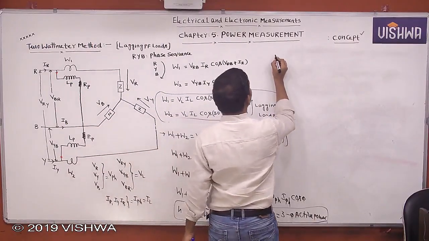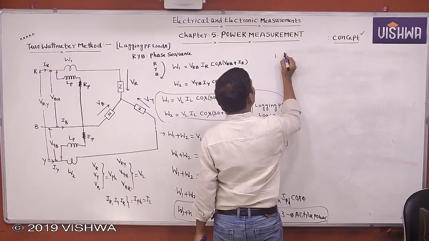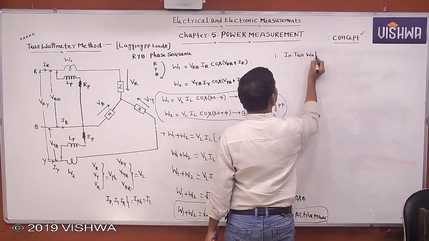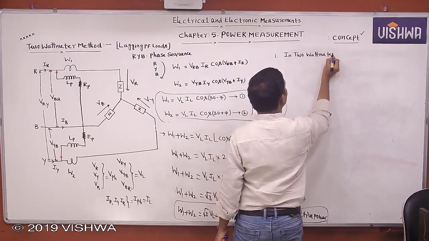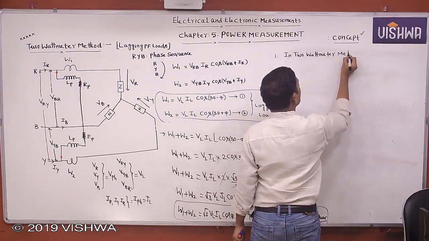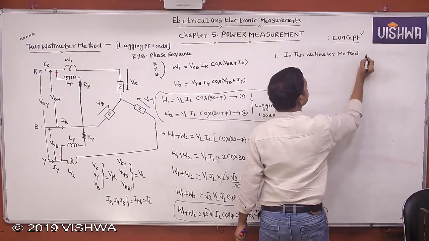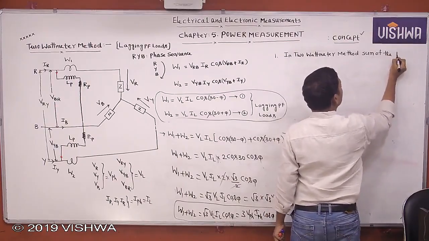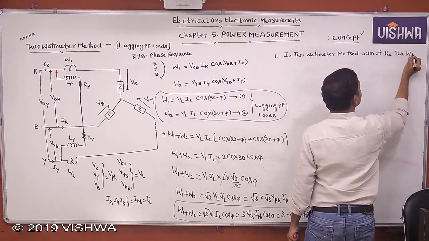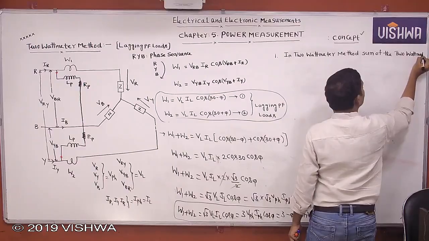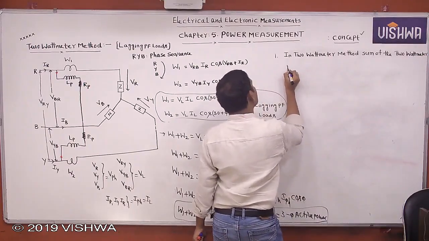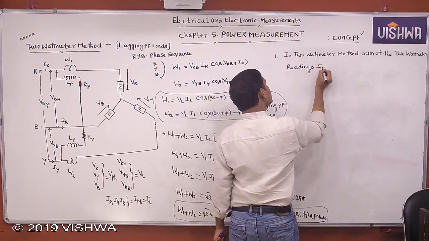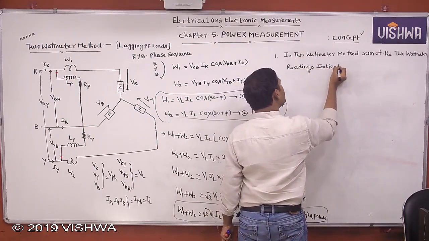Therefore, first one: in the two wattmeter method, the sum of the two wattmeter readings indicates three phase active power.